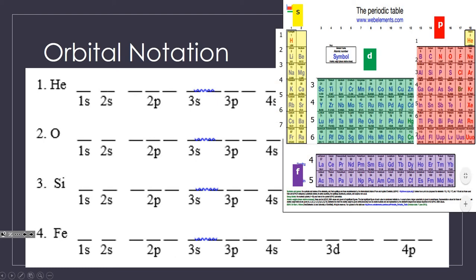So, reviewing really quickly your 3 rules that we're going to be using to fill them. Okay? Ben, what is Pauli's rule? Has to have opposite spin, so up and down. Okay, Tanner. What is Hund's rule?